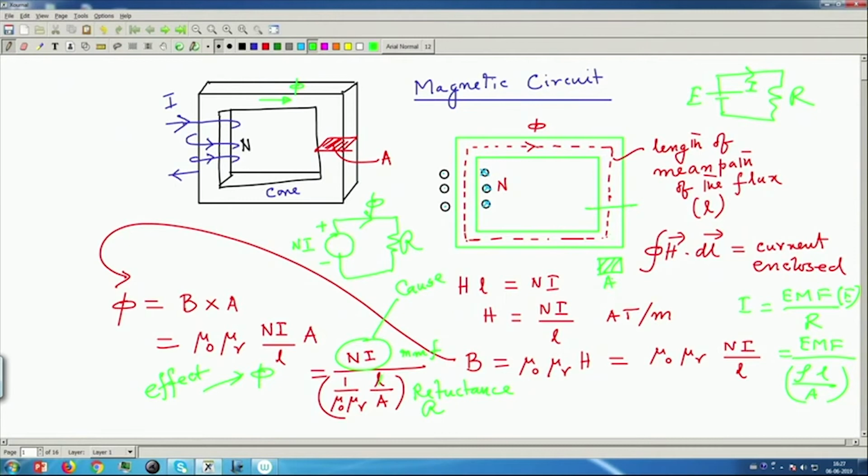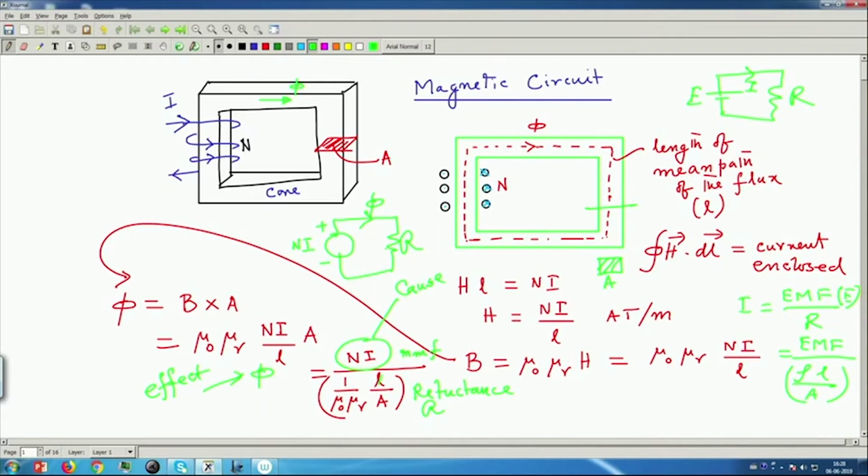Then you calculate H as NI by L and multiply it with mu 0 mu r to get B, then multiply with A and get the flux. Therefore, in a simple excitation with DC current, the value of the flux you get, if you divide the MMF by reluctance, will be constant and its direction will also be fixed. In this case, it is clockwise.